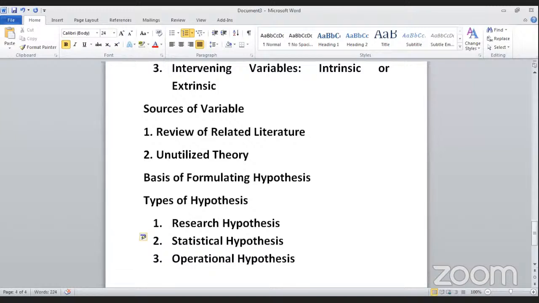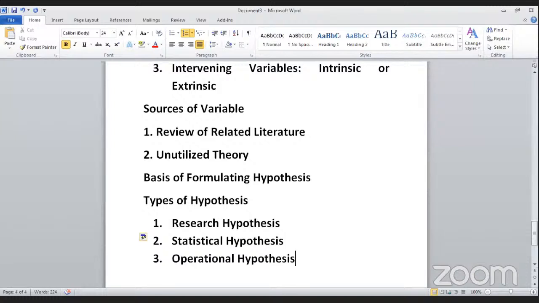And it is your choice whether you want to formulate a research hypothesis, or a statistical hypothesis, or an operational hypothesis. Absolutely your choice. You need not ask anyone, and there is no basis for deciding the types of hypothesis.